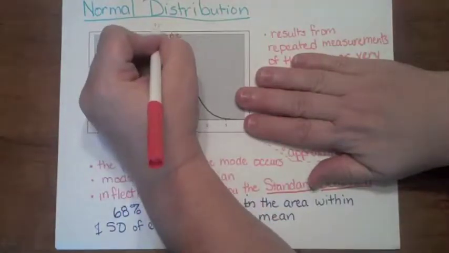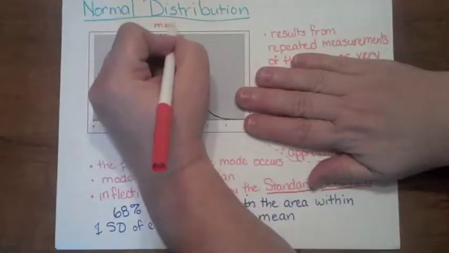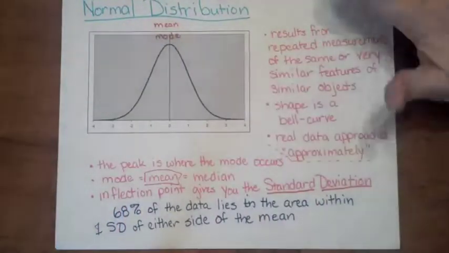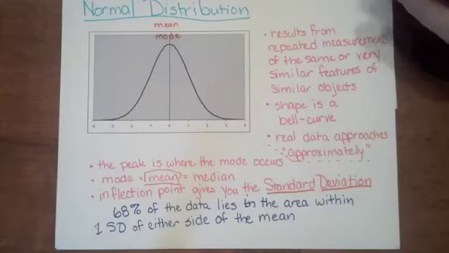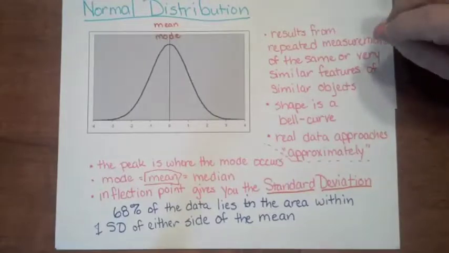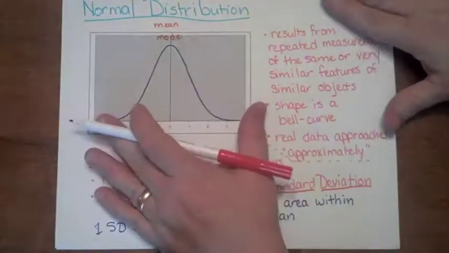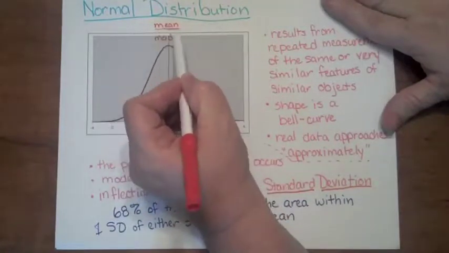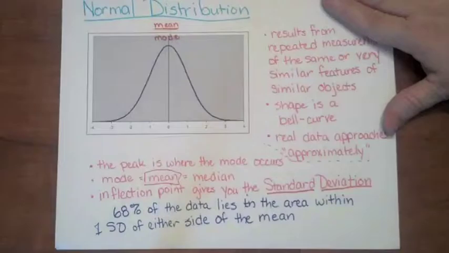So I'm going to also write the word mean here. So the mode equals the mean. And actually, if it's really a good bell curve, the mode, the mean, and the median are all the same. But when we talk about the center point for a normal distribution, we always want to use the mean, okay?